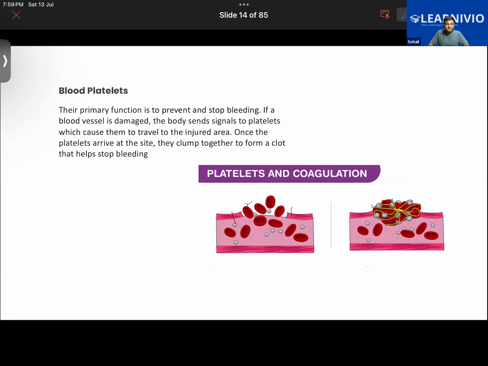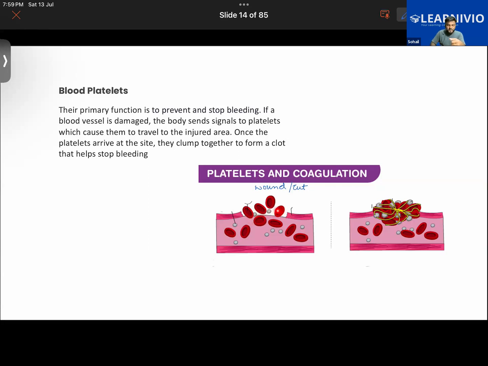Okay, now we are going to learn about another component of the blood called platelets. Blood platelets are the cells that help in the formation of a blood clot. As you can look over here, the blood is coming out from this wound. The loss of blood needs to be stopped.